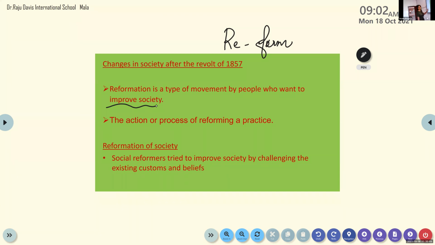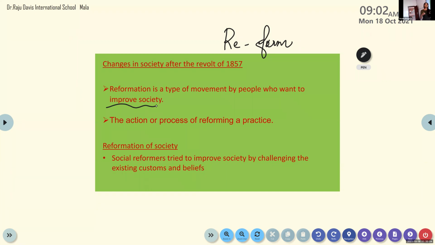So what is reformation? Restructure. Many leaders wanted to reform the society. They wanted to restructure the Indian society because it was not a good system. The people were blindly believing, they were superstitious.